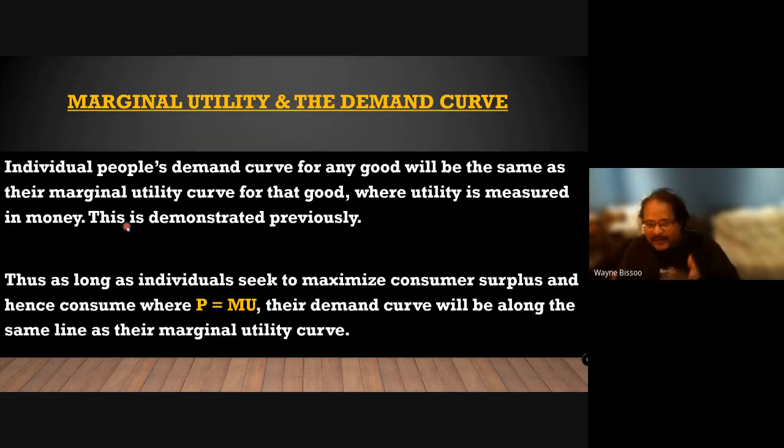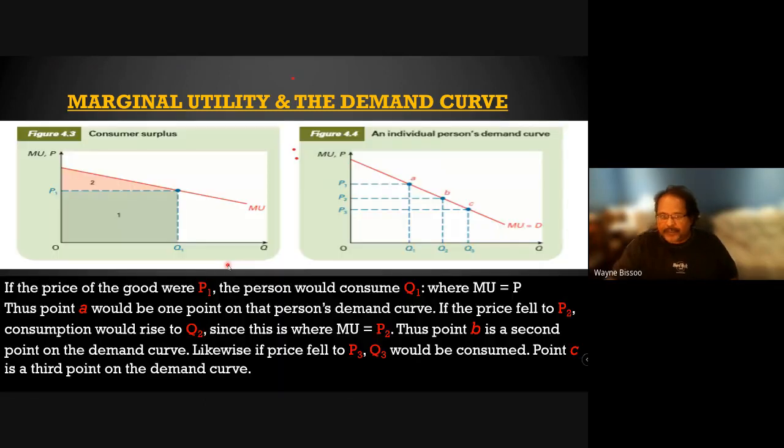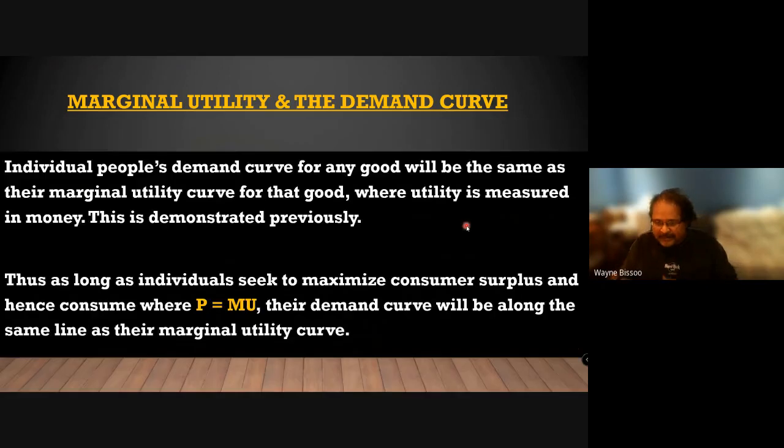Thus, as long as an individual is seeking to maximize consumer surplus, hence consume where price is equal to marginal utility, their demand curve will be along the same line as their marginal utility curve. That's the point they're trying to make here: this marginal utility line will be the same as their demand curve. That's why the marginal utility will be equal to the demand curve. So this is the reasoning behind it.